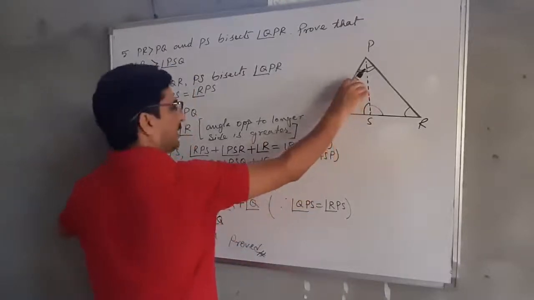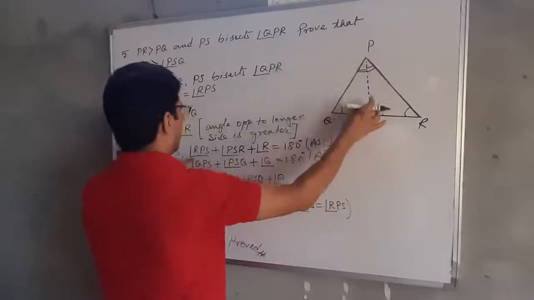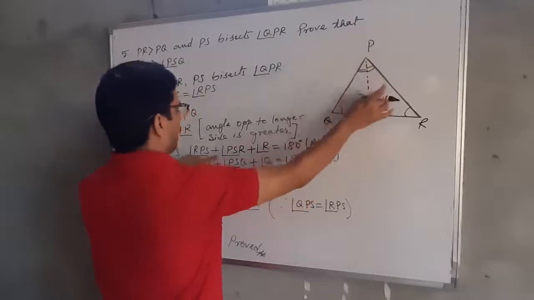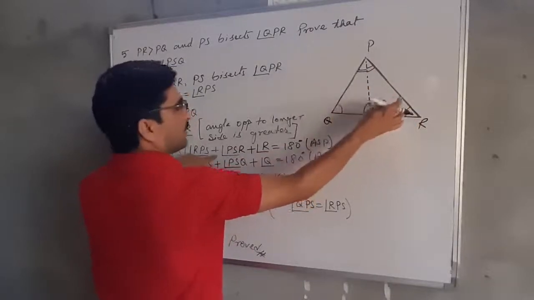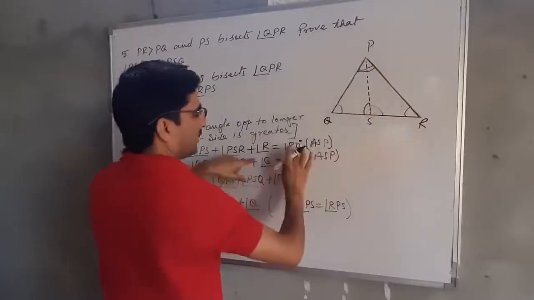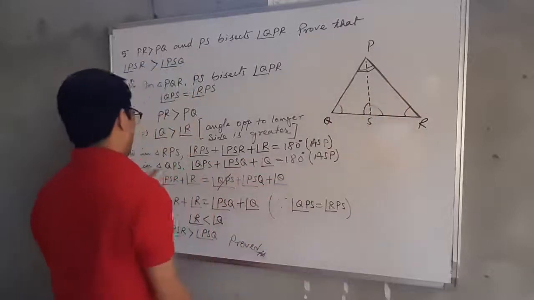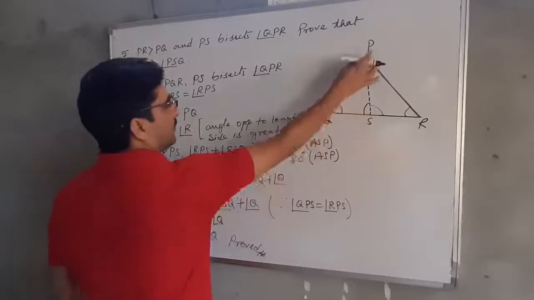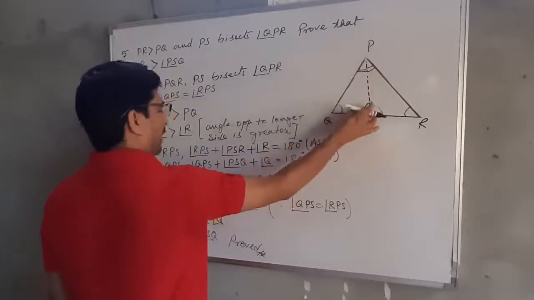For this triangle, RPS plus PSR plus angle R equal to 180 degrees. Similarly, for triangle QPS, QPS plus PSQ plus angle Q.